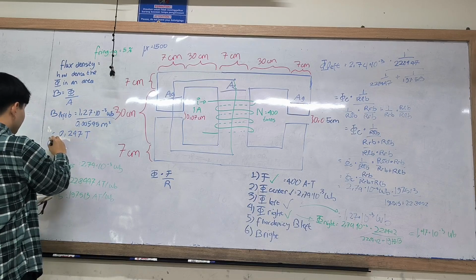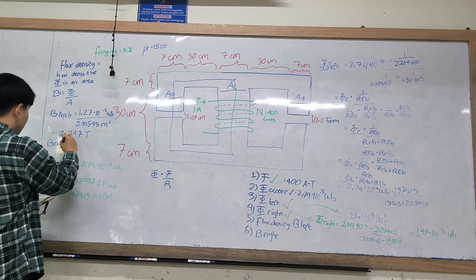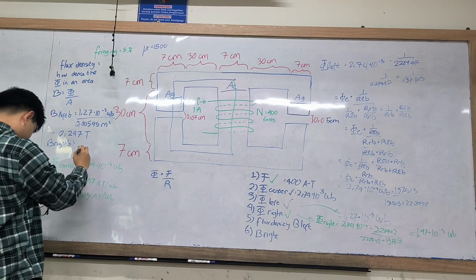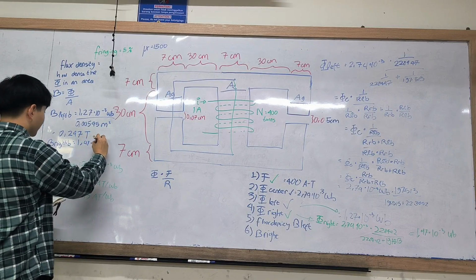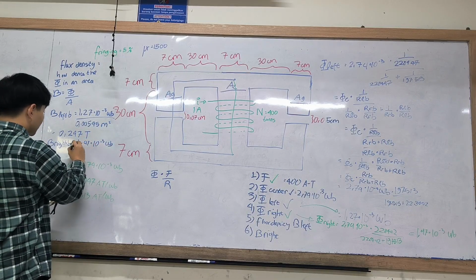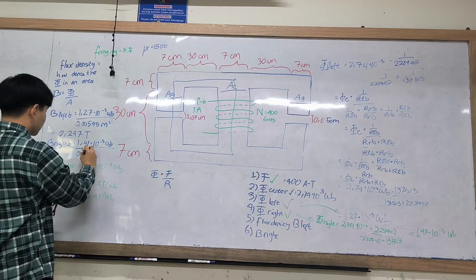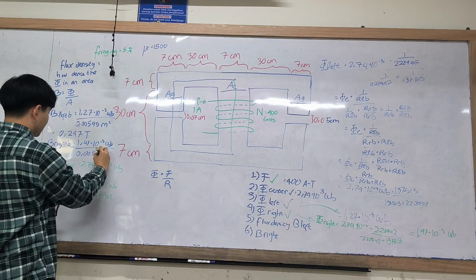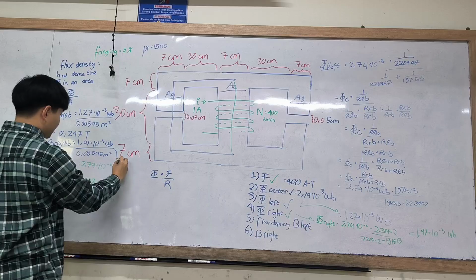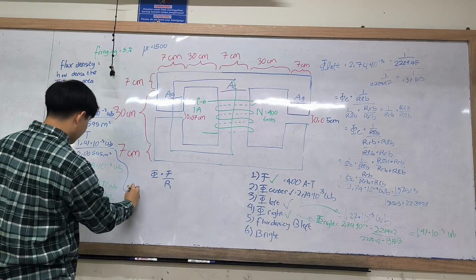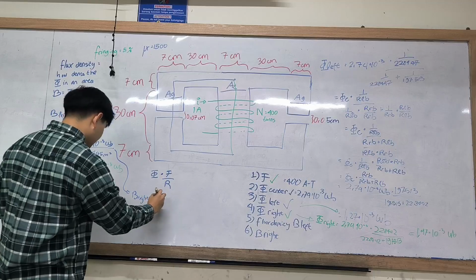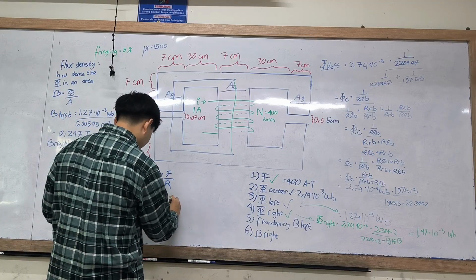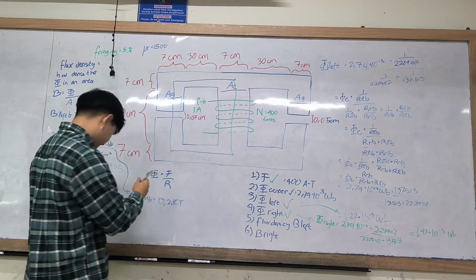For the right branch, it will be 1.47 times 10 to the power of negative 3 Webers by the same area. And the result will be 0.286 Teslas.